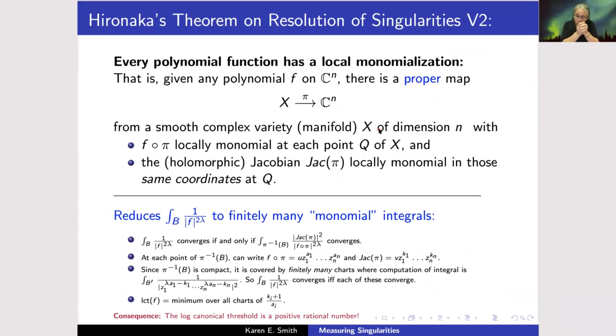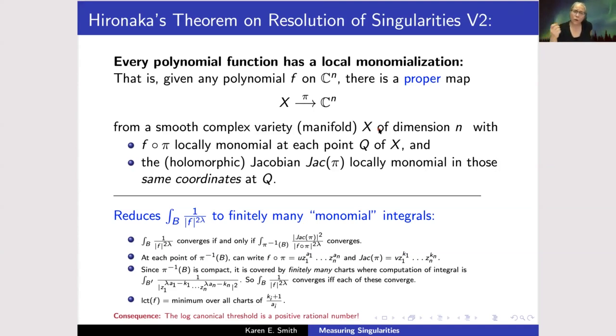So if I choose local coordinates on x, then I can factor f. That's kind of an amazing fact that we can always do this for any polynomial function, or in fact any analytic function. This is a theorem of Hironaka. He got a Fields Medal for it, and it's in some sense the same theorem I told you yesterday about resolution of singularities for varieties, although it's maybe not so clear from the current statement.